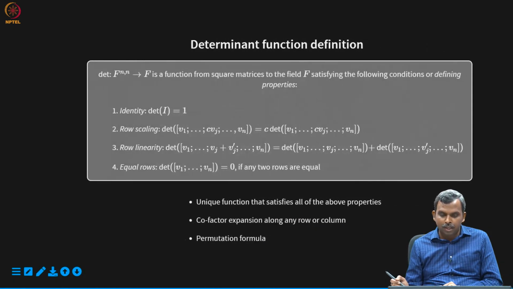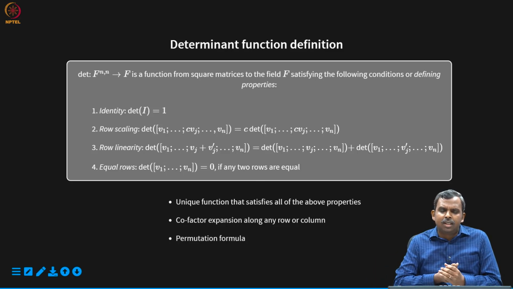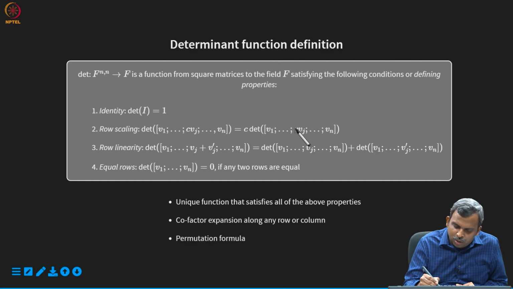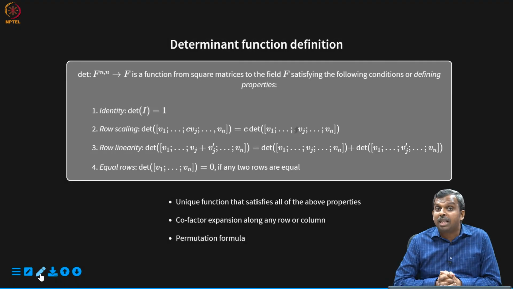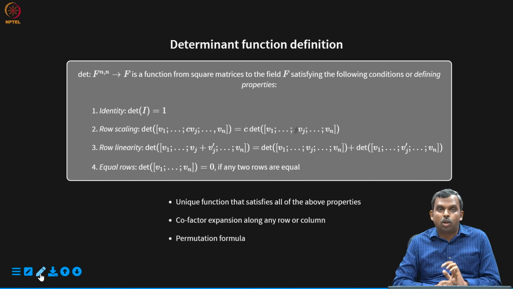Okay, so here's the last slide on determinants. Once again, we did a very quick job of looking at determinants from a high level, and I'll assume that you know quite a few things about determinants from before. These are the 4 crucial properties that we saw the determinant function satisfies. It turns out one can show the following 3 results, which I won't go into in any detail in this class at least. There is exactly one function which satisfies all these properties.